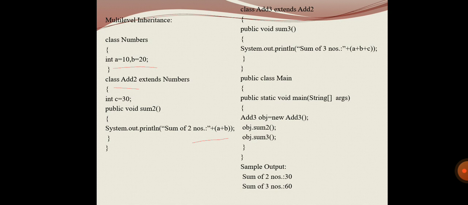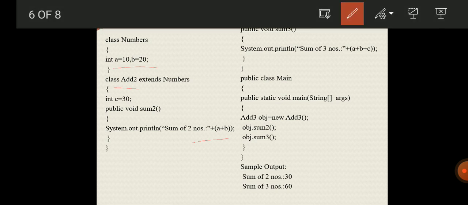In that we are finding the sum of A plus B plus C. First class is number, second class add 2 extends number, third class add 3 extends add 2. This is the concept of multi-level inheritance, and in the last class we are finding the sum of three numbers.